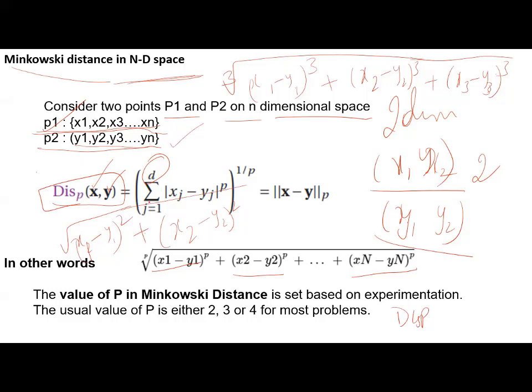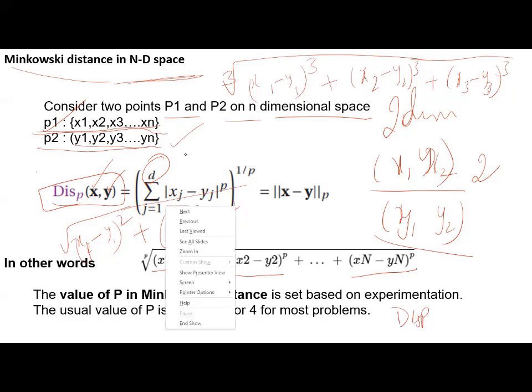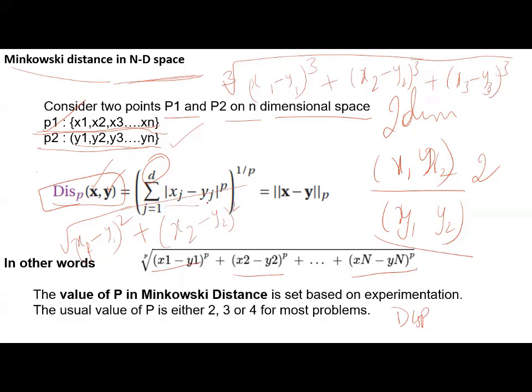So we can write this as the modulus of xj minus yj whole power p, summation of j equal to 1 to d, where d is the dimension, and the whole power 1 by p, which is the p-th root.